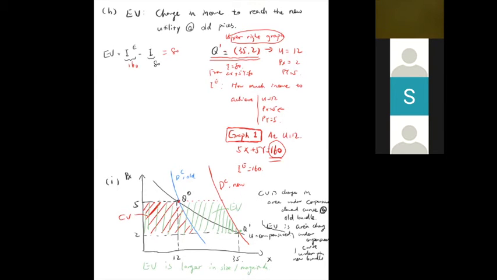So I think to highlight, CV is the changing area under the compensated demand curve at the old bundle, but EV is the area under the compensated demand curve under the new bundle. So once we know these differences, we shall be able to locate these areas.